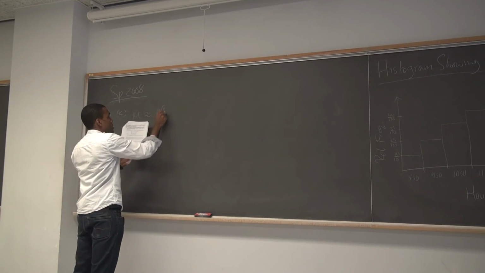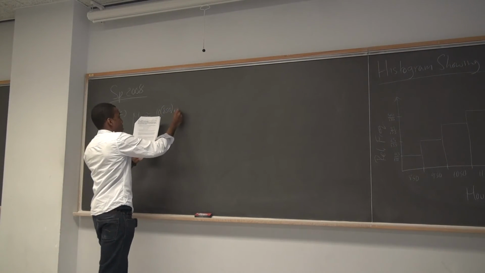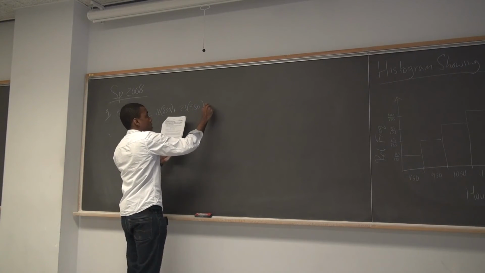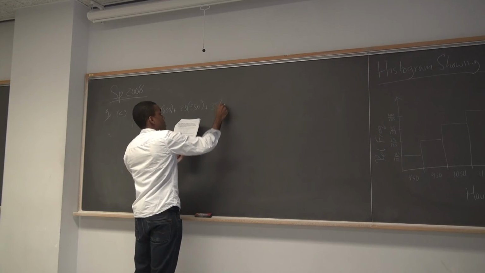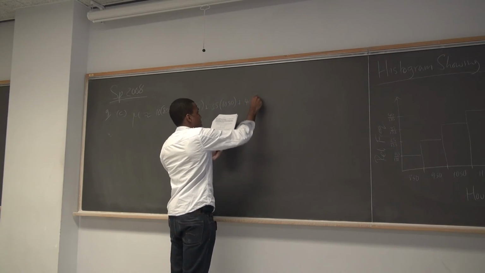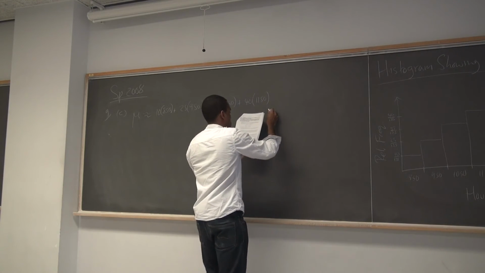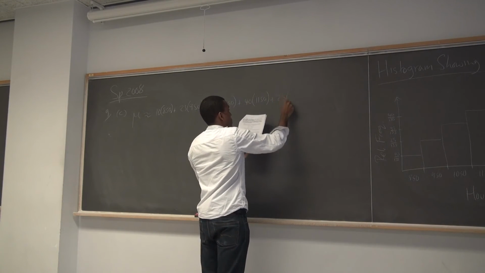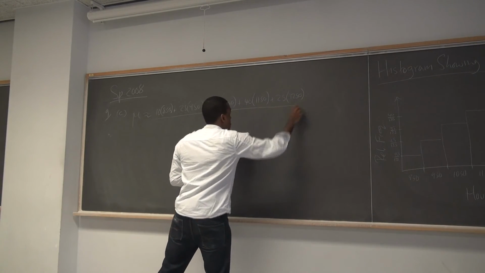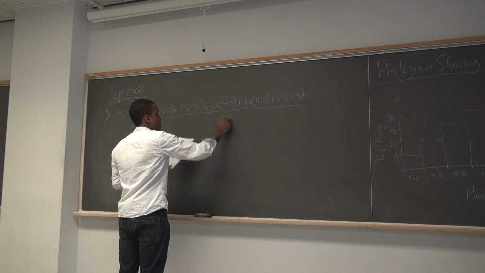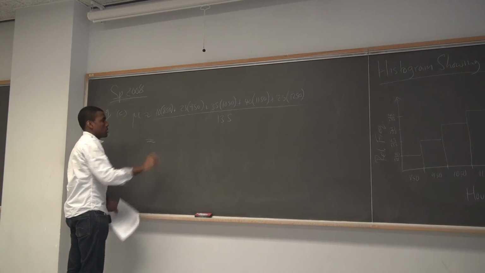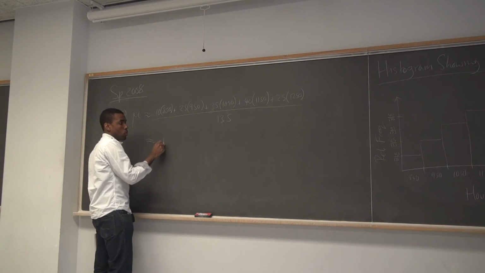So it'll be 10 times 850 plus 25 times 950 plus 35 times 1050 plus 40 times 1150 plus 25 times 1250, divided by the total number of numbers. 1083.3.